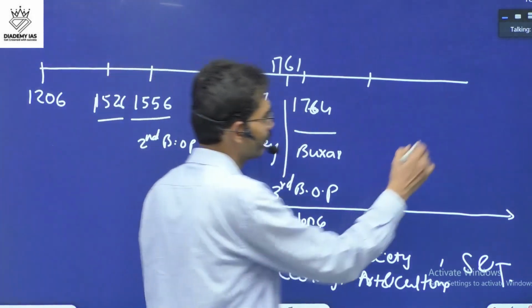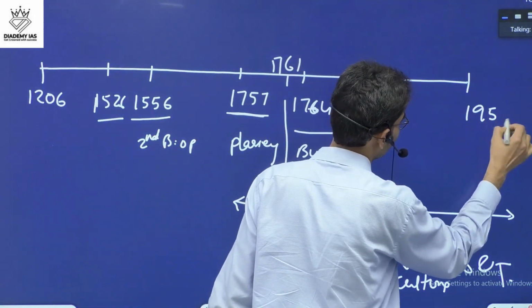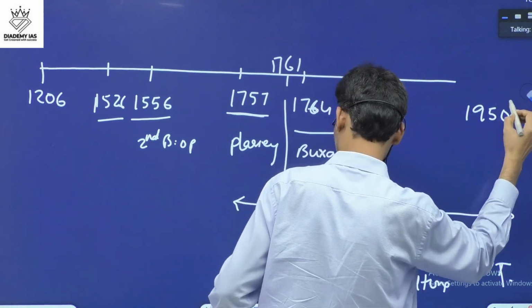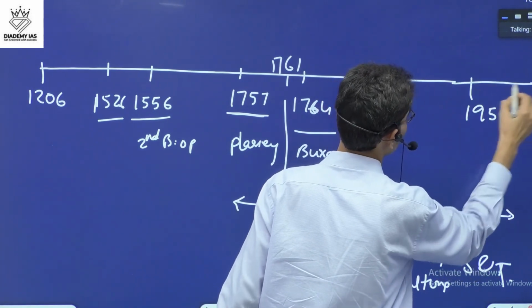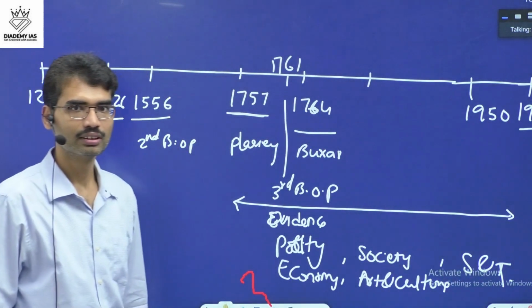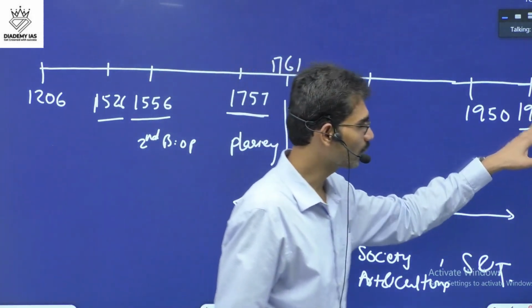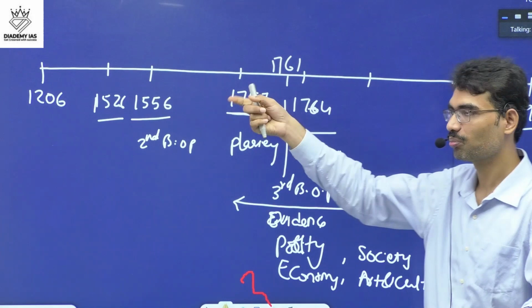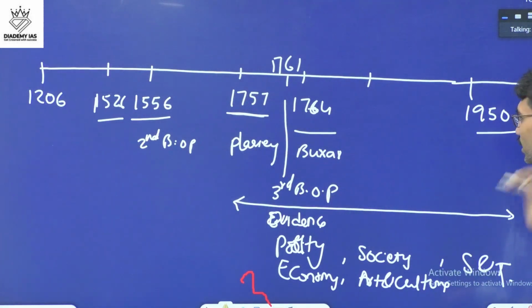From 1757 to 1950, or in fact, up to 1964. Our history contains up to 1964; paper 2 part A, Modern India, contains up to here.